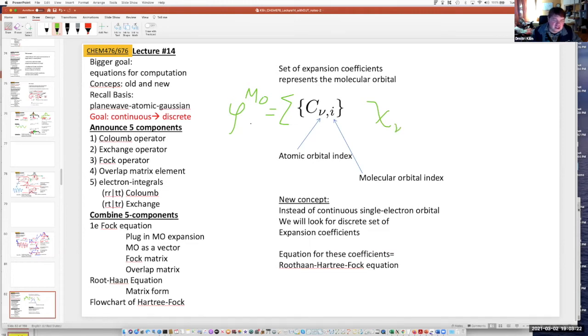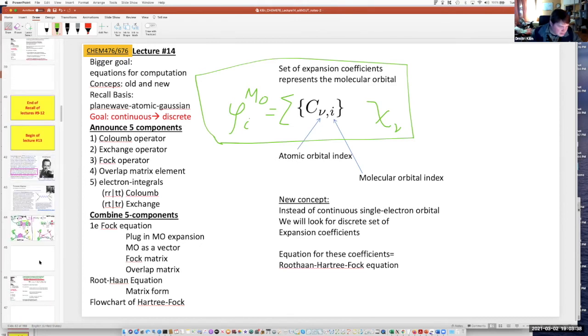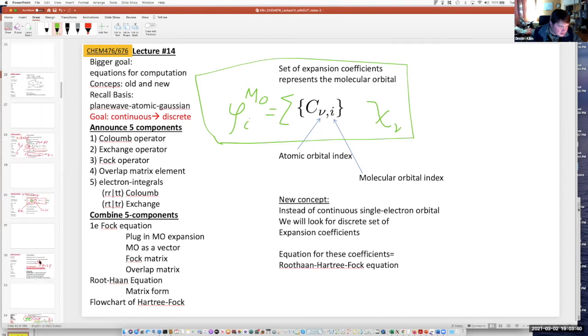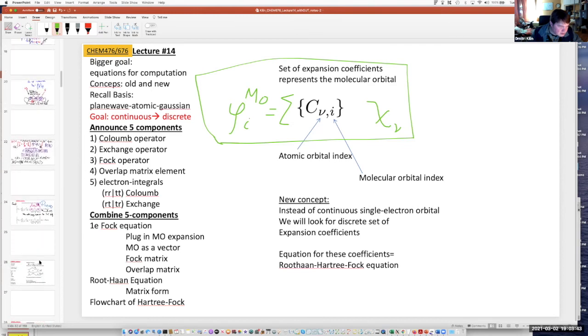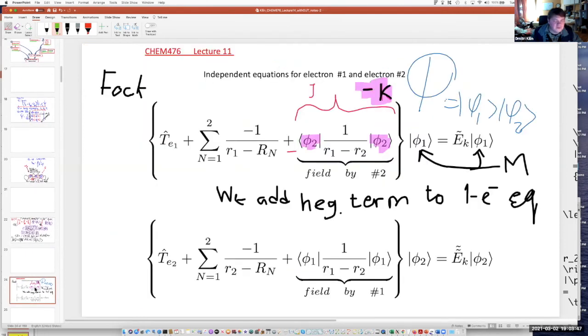And then this general expansion of molecular orbitals over atomic orbitals will be plugged into the Fock equation.